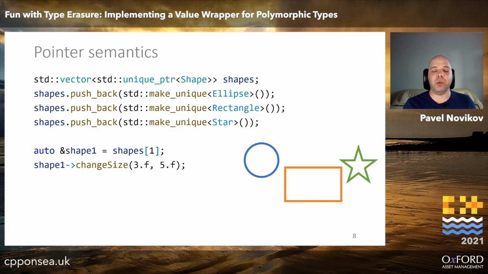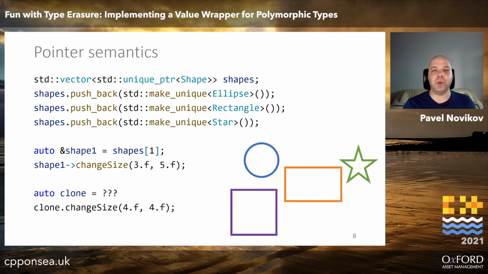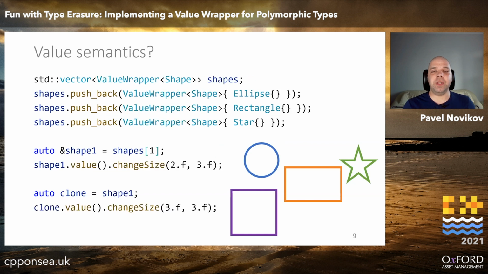So he probably selects a shape on his screen and changes the size. And he also wants to make a copy or a clone of that shape, and also change its size to his desire. With unique pointers, we have no trivial or obvious way to do that, but we could do that if we had some kind of value wrapper.